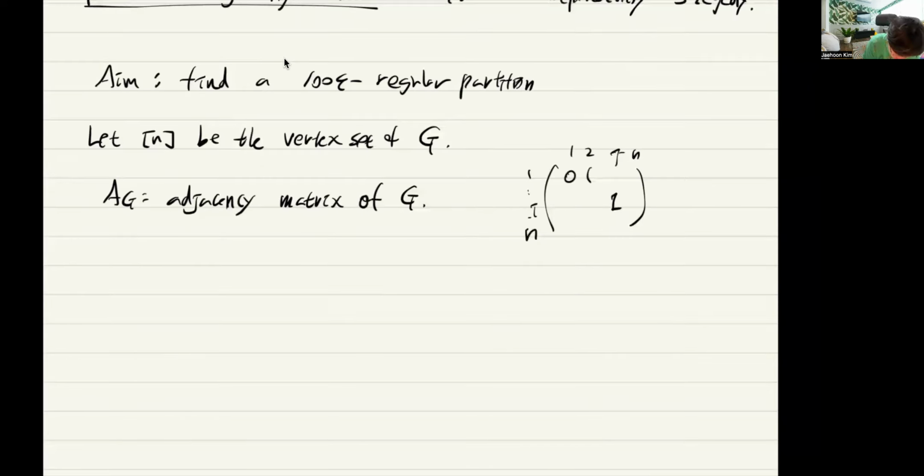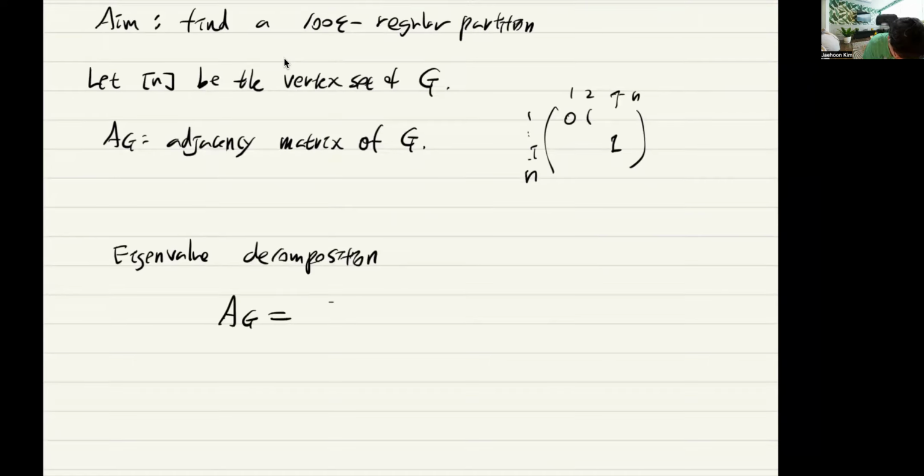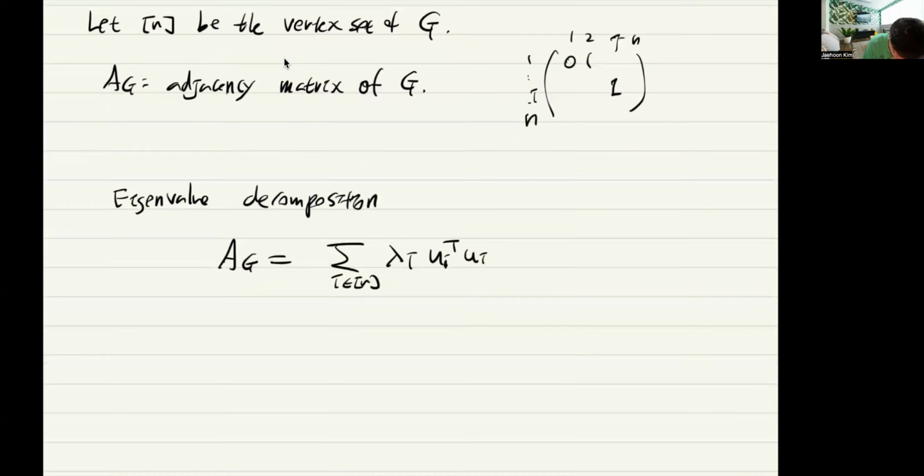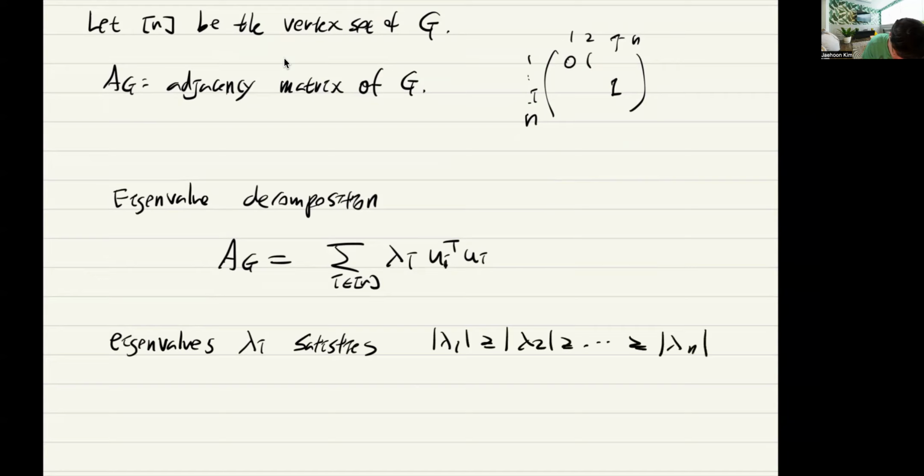So there exists an eigenvalue decomposition. u_i is the eigenvector whose eigenvalue lambda_i satisfies the following: let's write them in order of absolute value size.